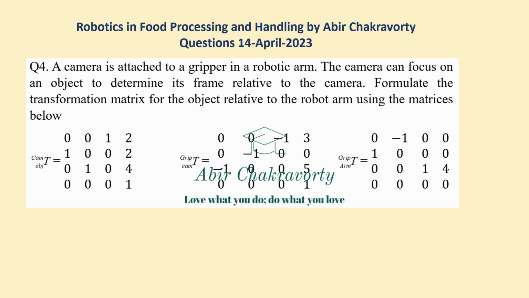Suppose in these questions we will study first if an object is kept on a desk or a plane and there is an end effector, and from the end effector a camera is attached and the camera sees the object, how it will actually transform with the help of matrices, how it will locate that object with the minimum possible distance, how the camera is attached relative to the end effector, how the end effector is attached relative to the robotic arm, and how the robotic arm, how much it will move to locate such that the end effector grabs the object.